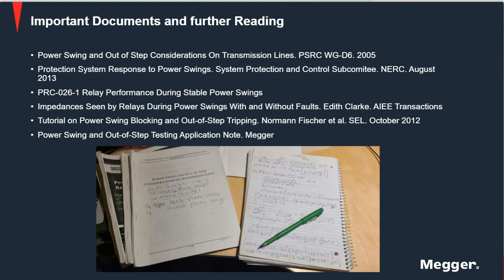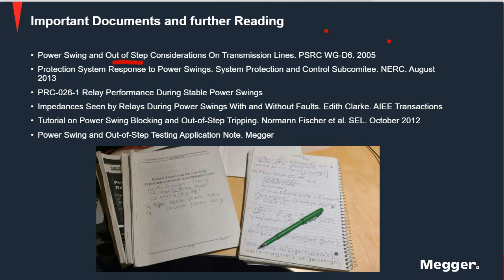There is this PSRC report, from the Power System Relaying Committee of the IEEE, created in 2005, called Power Swing and Out-of-Step Considerations on Transmission Lines. It's a very thorough source of information.